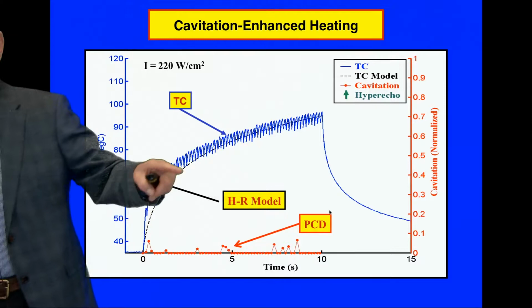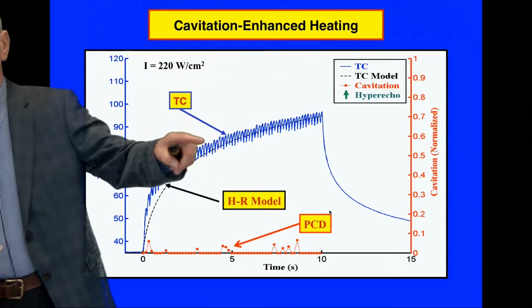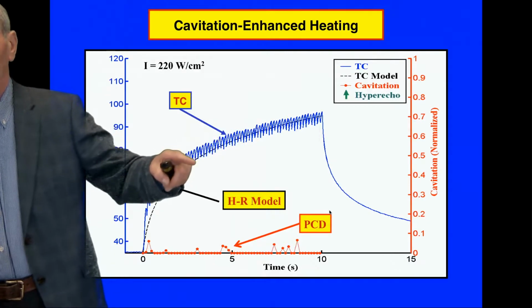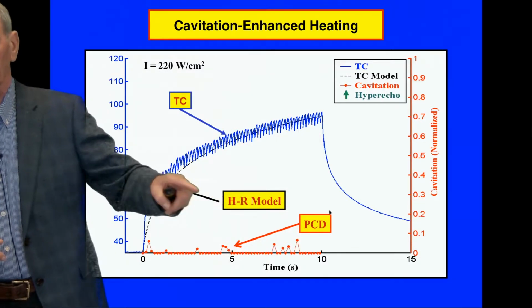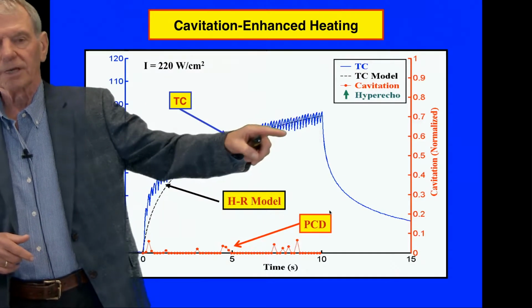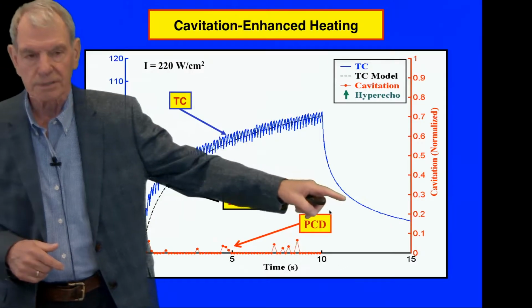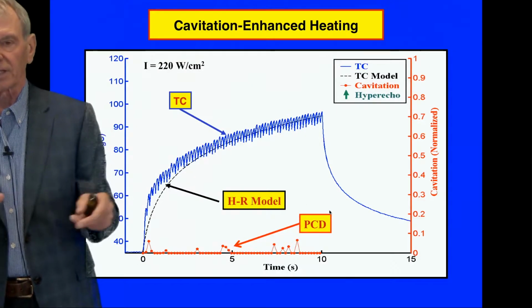The thermocouple measures the growth of the temperature, and you can have a theoretical model that you can model it, and you see that it treats it very well. And then you turn the field off, and the temperature goes back down. So this is a way that you heat tissue.